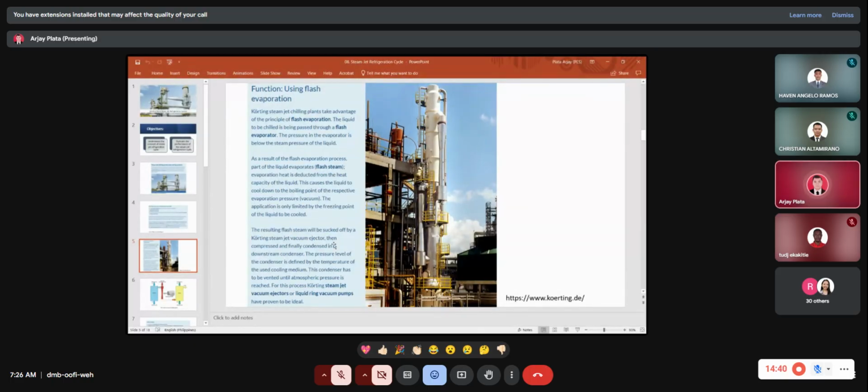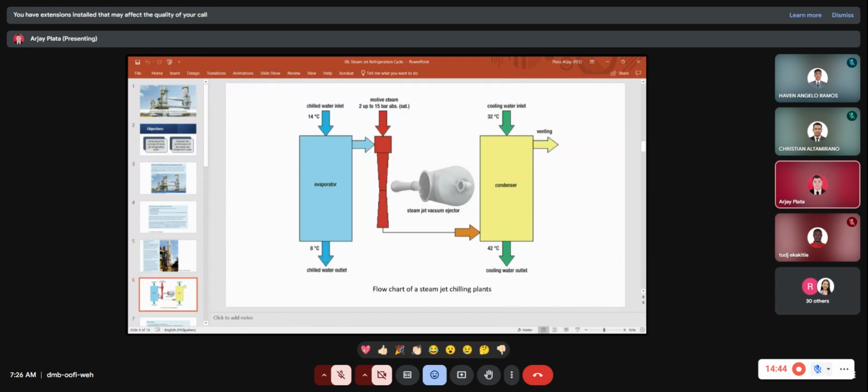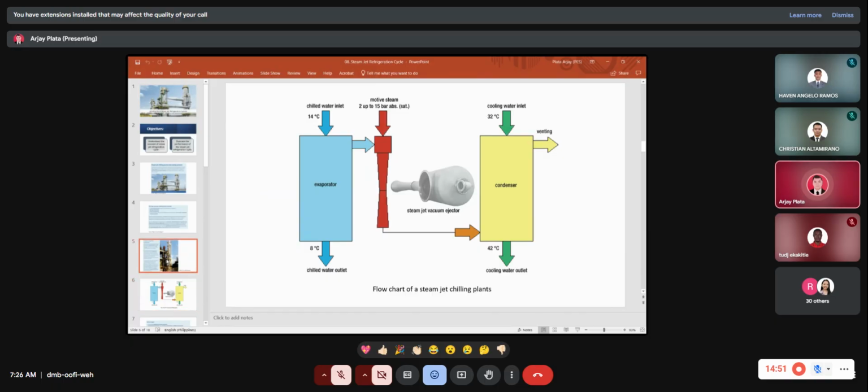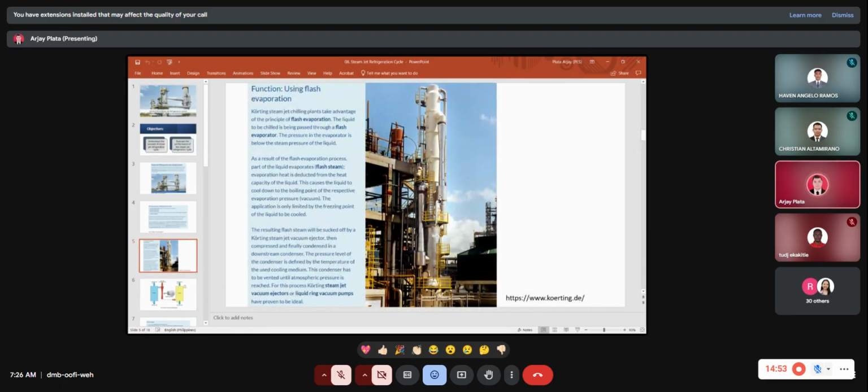So I think in this photo, this is the steam jet ejector, as you can see here.